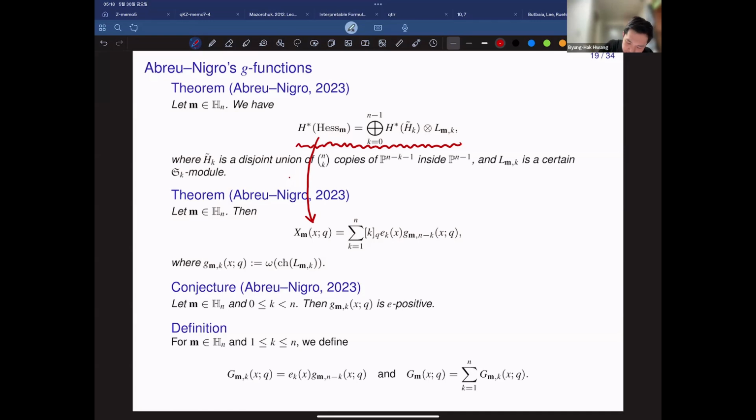This is the Frobenius characteristic with omega involution.